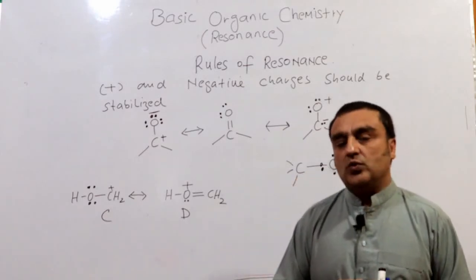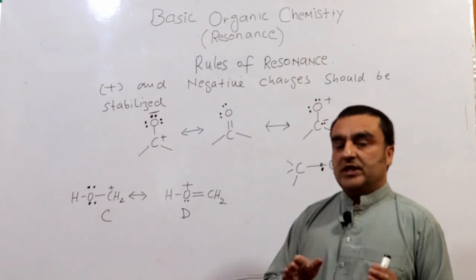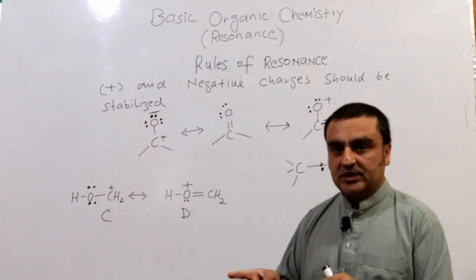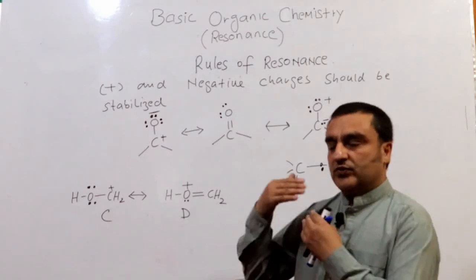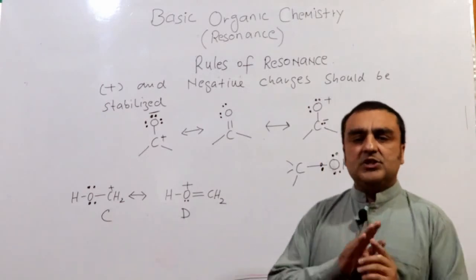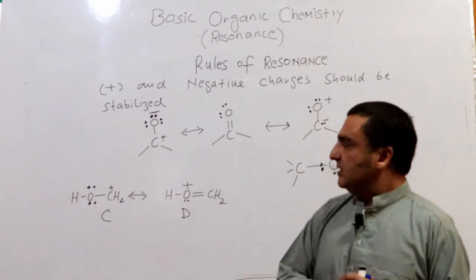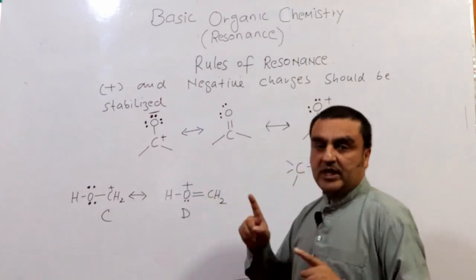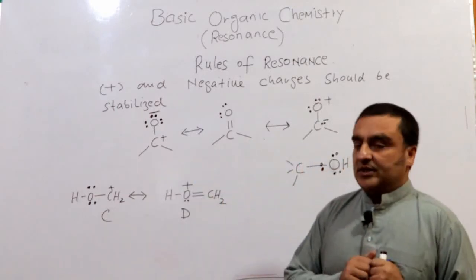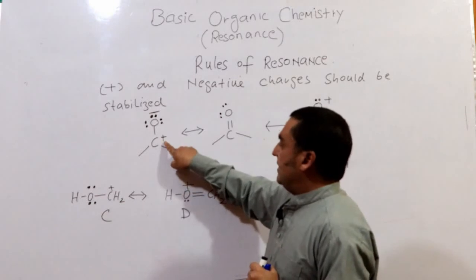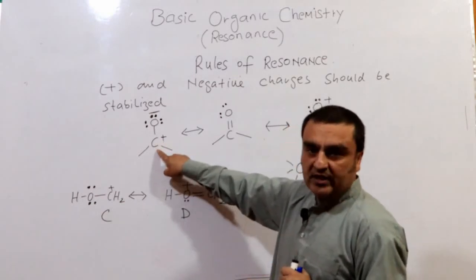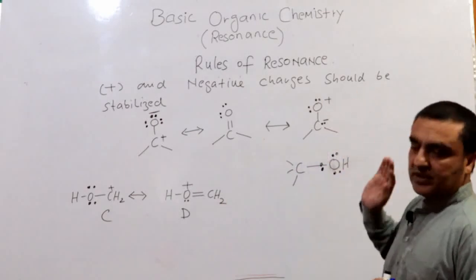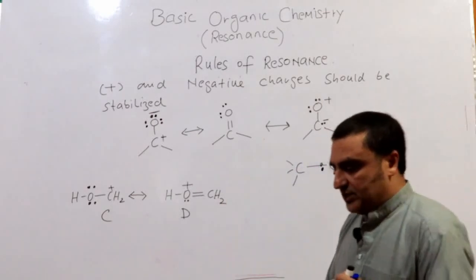So first we need to look at the structures, whether there is a chance that the octet of all atoms can be complete. If that is possible, then go for that structure. If there is no issue of octet, just like in those structures, where in both cases you have an option, either incomplete octet for carbon or incomplete octet for oxygen, then you have a choice.